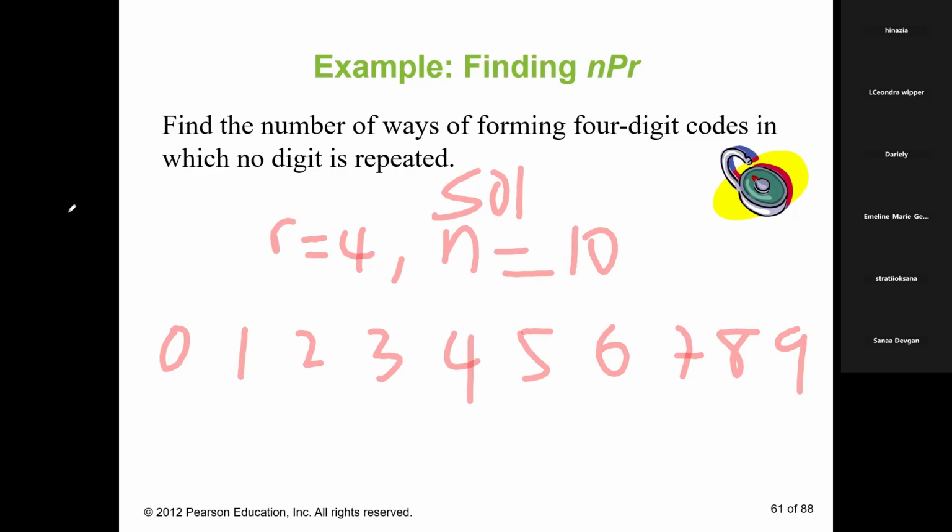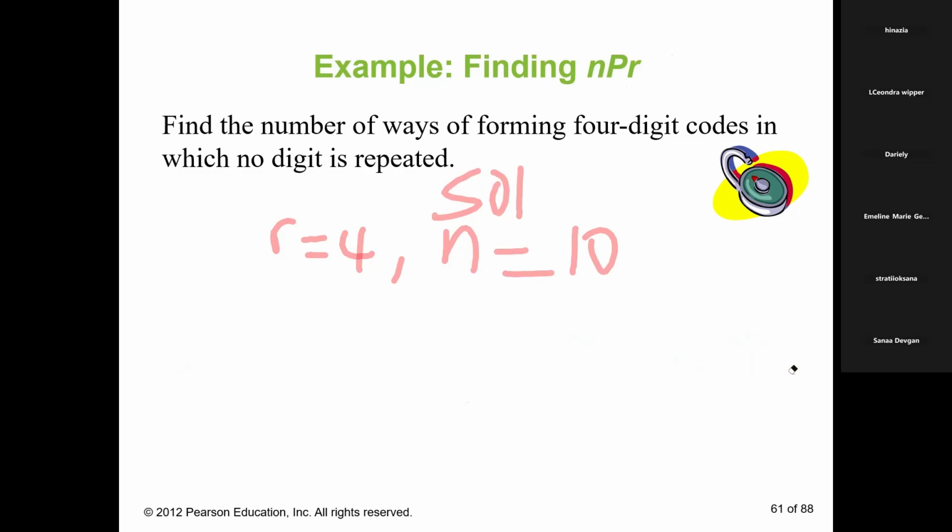Very simple here. You're going to use permutation because you cannot repeat a digit.